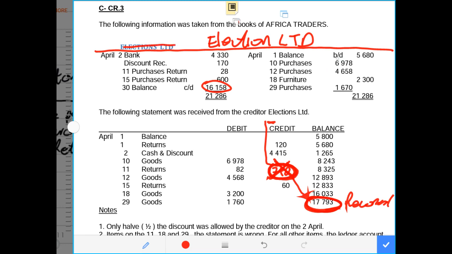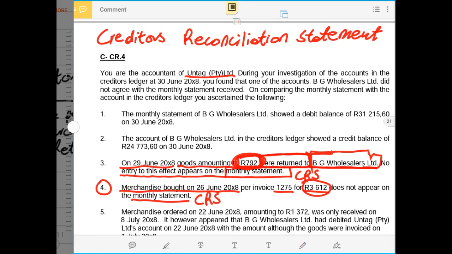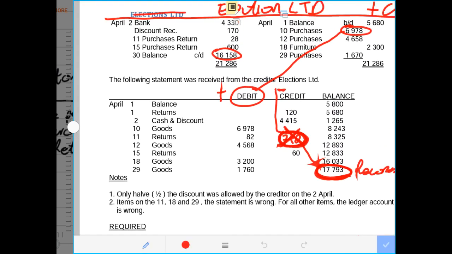If we purchase and we record our entry on the credit side as an increase in our liabilities, our creditor is selling inventory to us. When the creditor sells inventory to a customer on credit, that will increase their debtors. Take note of that, I'm just repeating it because I explained it previously. In this case, we bought inventory worth 3,612, but this was not recorded in the statement. So the statement did not add an amount on the debit side.